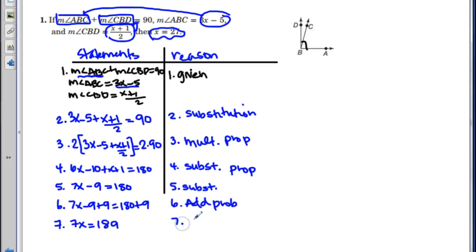Just a cleanup. And then getting pretty close to our last step, we can divide both sides by 7. Sometimes we like to skip those steps, but you can definitely write that step. So dividing both sides by 7, that would be the division property.